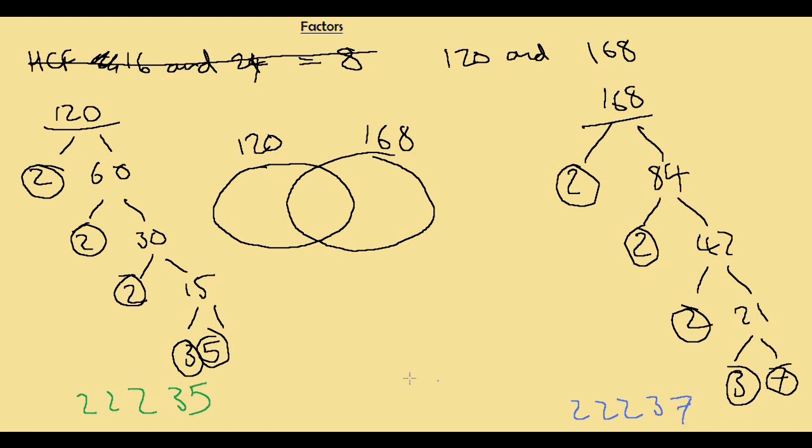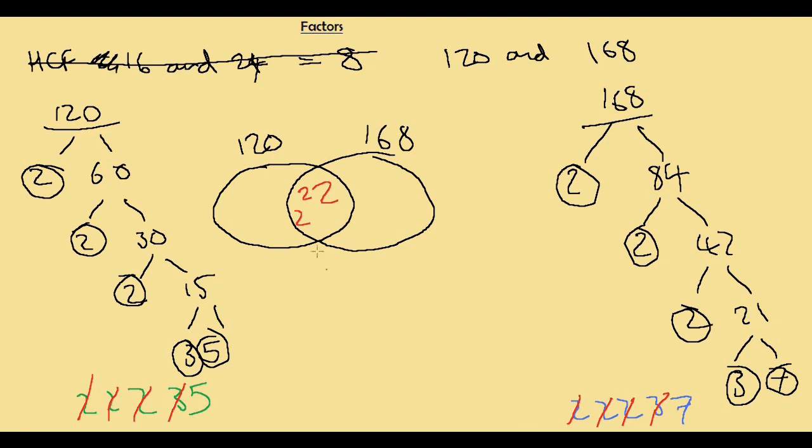What we're now going to do is where we've got the same number, I'm going to put it in the middle and cross them off. So there's a 2, and there's another 2, another 2, so I'll put a 2 here, and there's another 2 as well. So we're just putting all of the common numbers from the lists in the box, in the crossover bit.